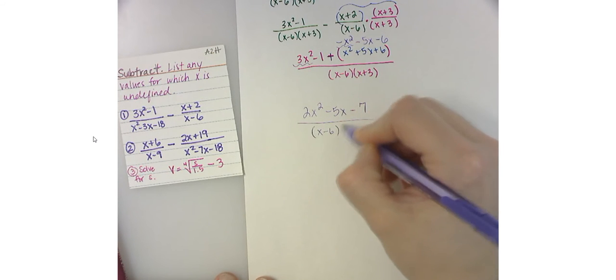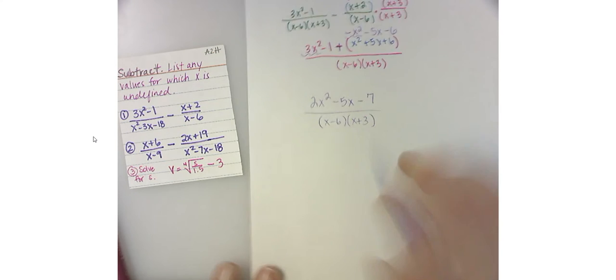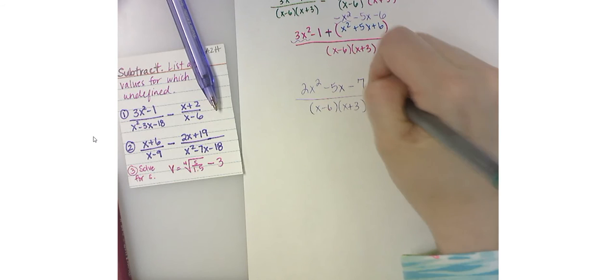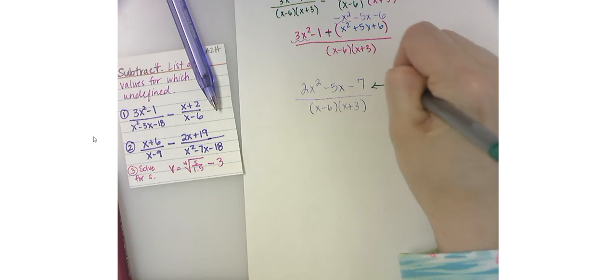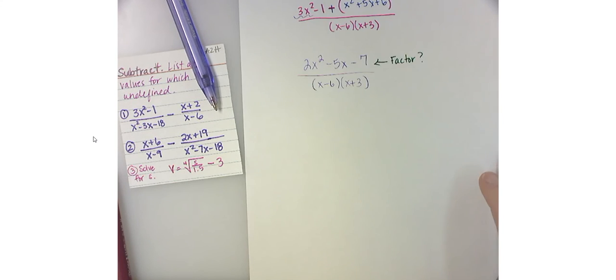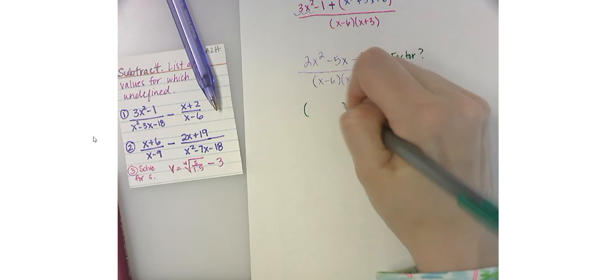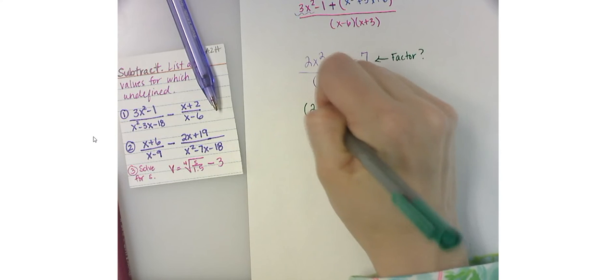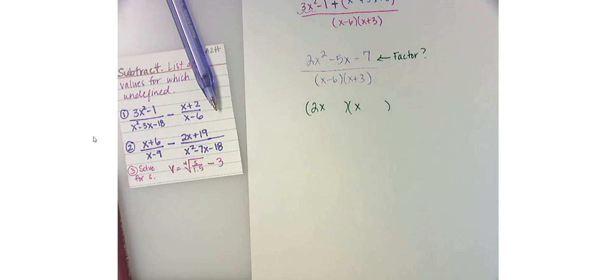Right? Now you want to see if the numerator factors. Yep, 7 is a prime number, so you really only have two choices, right? It's either 1 and 7 or 7 and 1. So we're going to start with 2x and x. So we have 1 and 7 or 7 and 1.